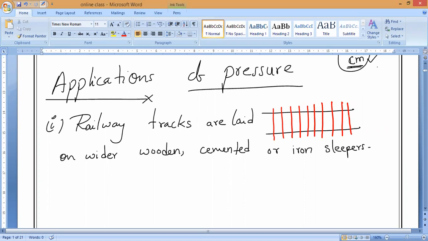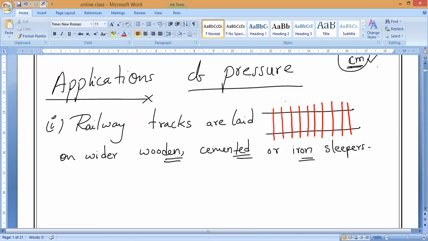Only one way: by increasing the area. With the help of these wider wooden, cemented or iron sleepers, they increase the surface area so that it prevents the sinking of railway tracks into the ground.